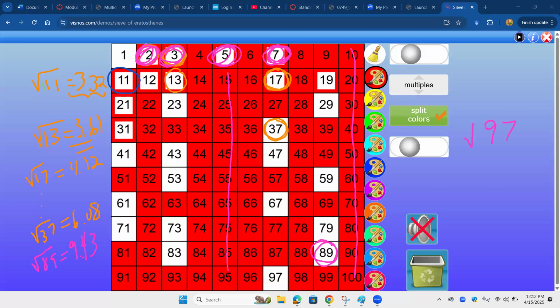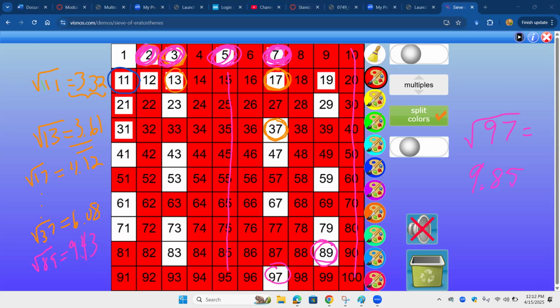And the last one, I'm doing it on the right side. The square root of 97 is 9.85. So it's the same answer. I've already used 2, 3, 5, and 7, and I never crossed out 97.